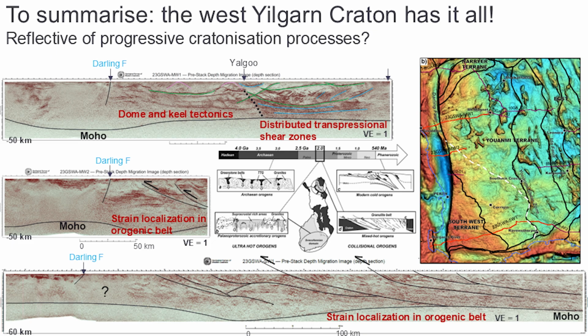While in Midwest 2 and Southwest 1, we show a tectonic style that is very different and shown by strain localization in orogenic belts.